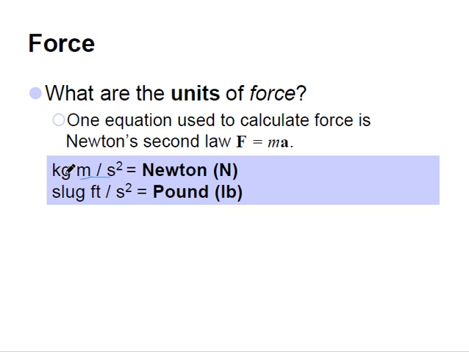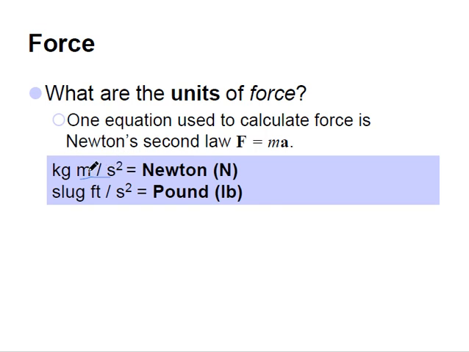So therefore you have kilogram meter per second squared. We call it Newton because this guy found out about it. So to honor him, we gave it the capital N, Newton, for kilogram mass, acceleration meter per second squared.